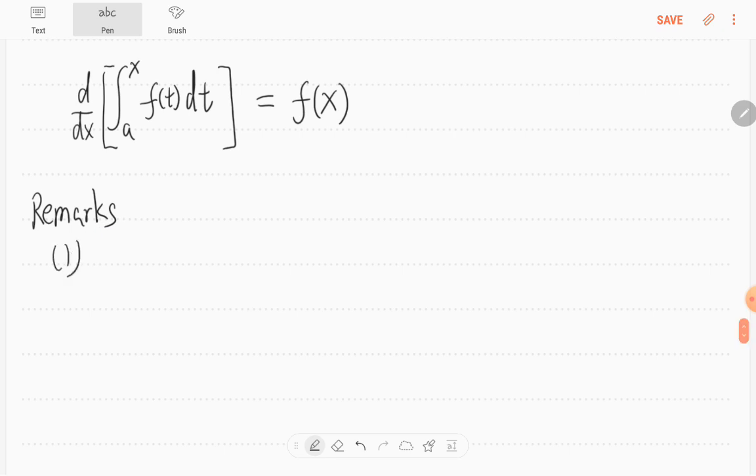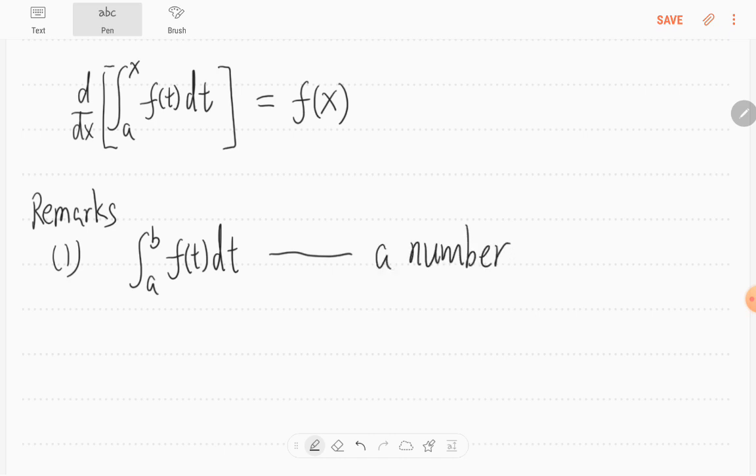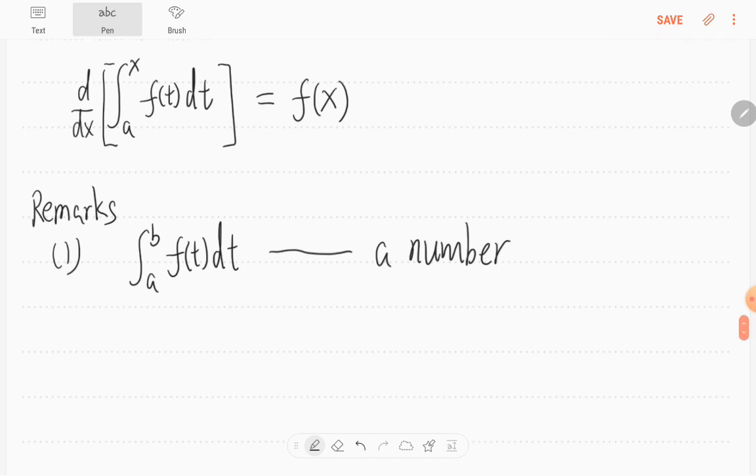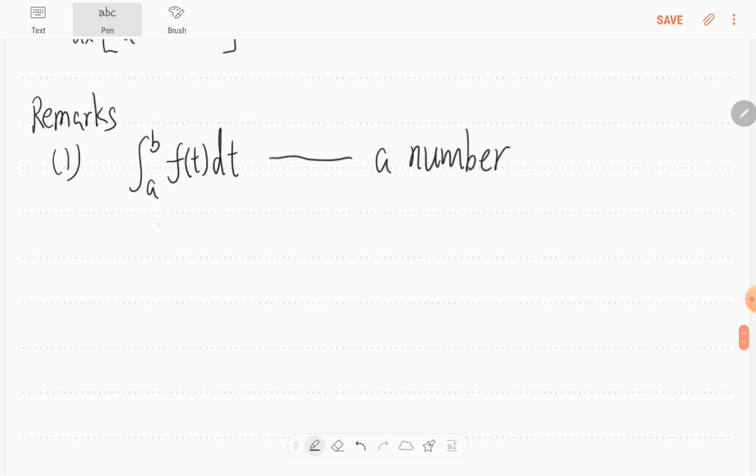The first one, the integral from a to b of f of t dt. This is a number, right? This is a definite integral, which will represent the signed area from a to b.